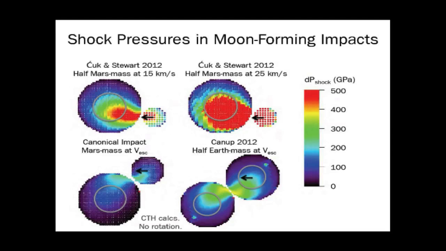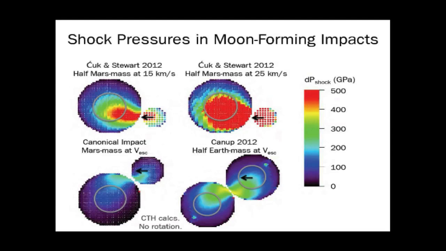In these cases, in the high momentum cases, a substantial fraction, several to 10% of the planet is vaporized. And the highly vaporized material forms the outer layers because it's hot and less dense and more buoyant. So in the readjustment of the planet during trying to re-achieve gravitational equilibrium, the hot stuff ends up on the outside.